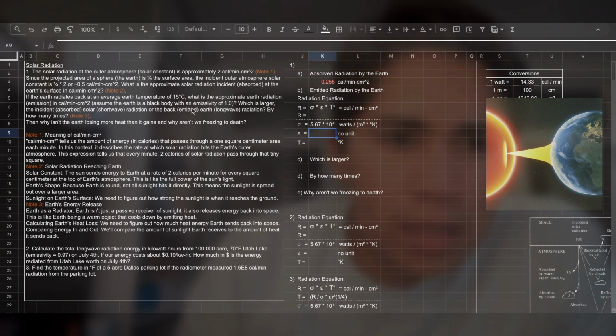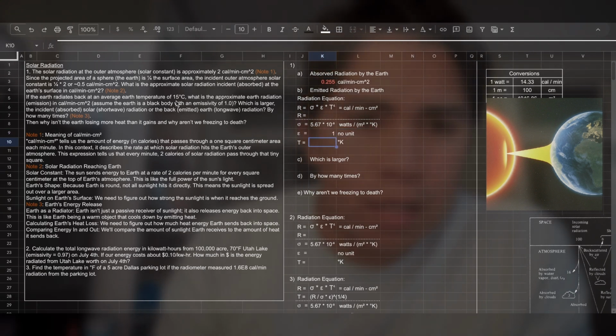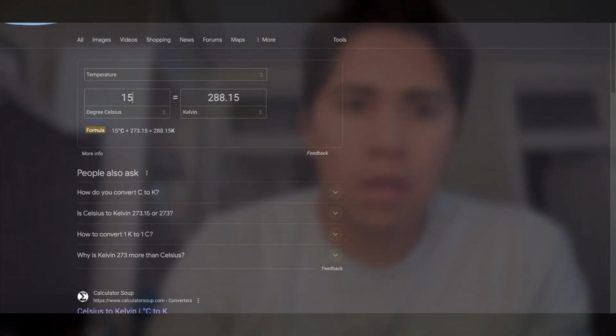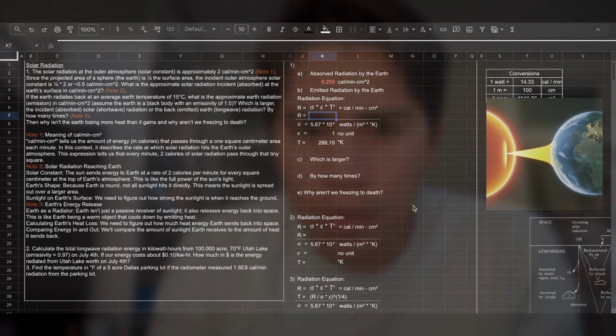So we are given that since we are assuming the Earth as a black body, that's going to be 1.0 of emissivity. And then we are given the temperature in degrees Celsius. So 15 degrees Celsius would be 288.15 Kelvin. And now we just need to plug those values in, and we should be getting the radiation.